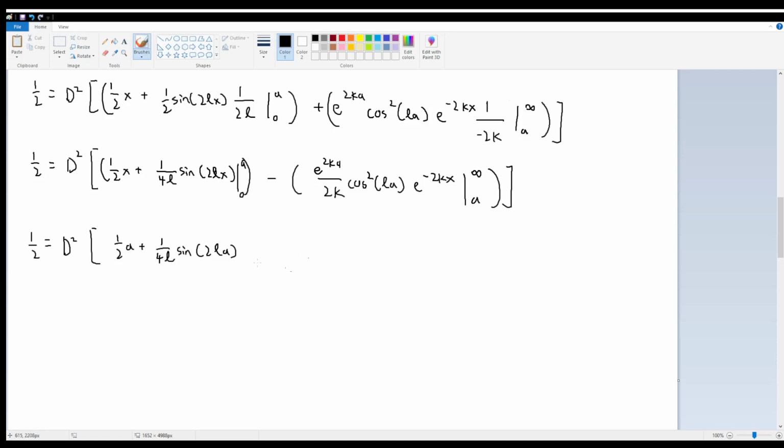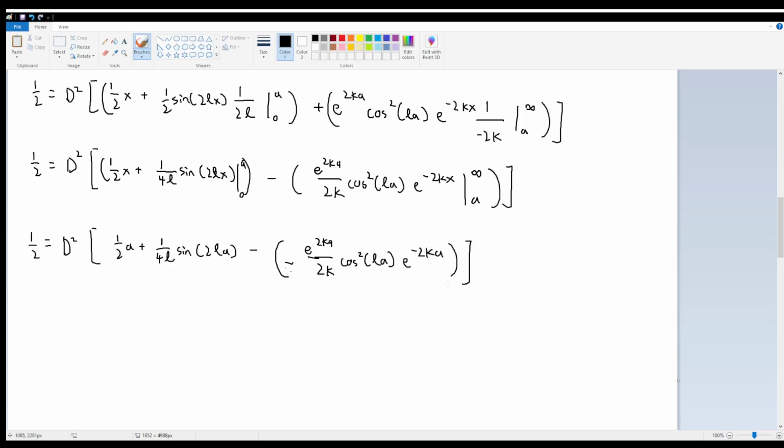And then next we're subtracting e to the 2ka. So first off, the first term at the front here is e to the negative infinity, which is automatically 0. The second one is going to be minus e to the 2ka over 2k times cosine squared la e to the negative 2ka.